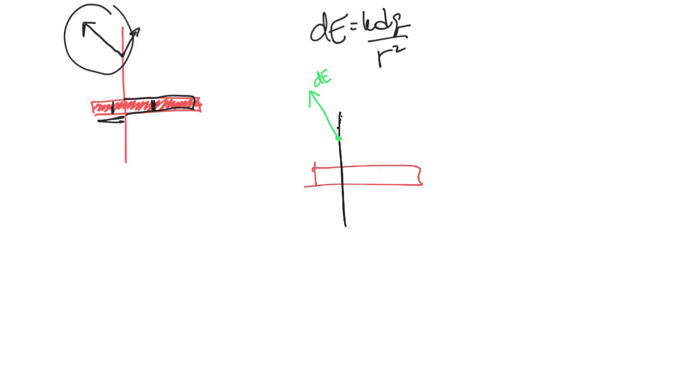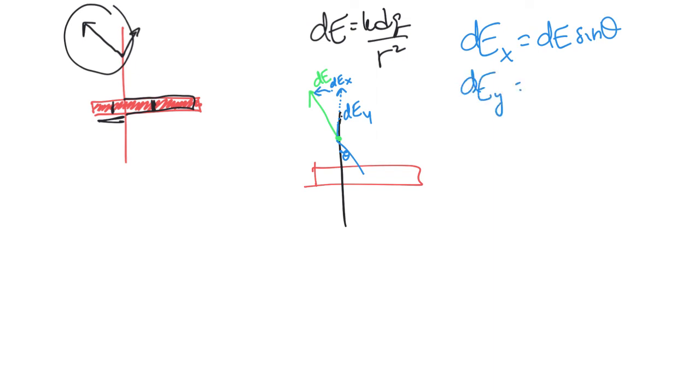We solved the problem before by just looking at dE_y. Now you'll have a dE_y and a dE_x. If that was our theta, then your dE_x will be dE sine theta, and your dE_y will be dE cosine theta.